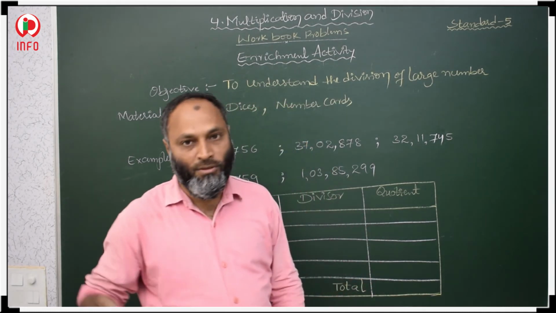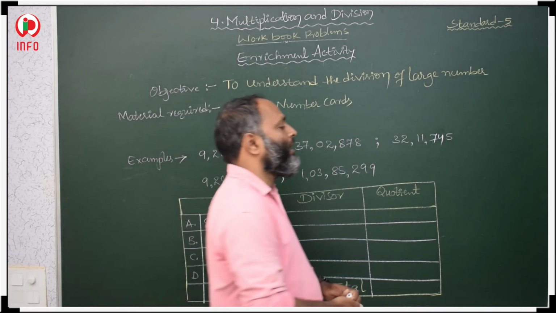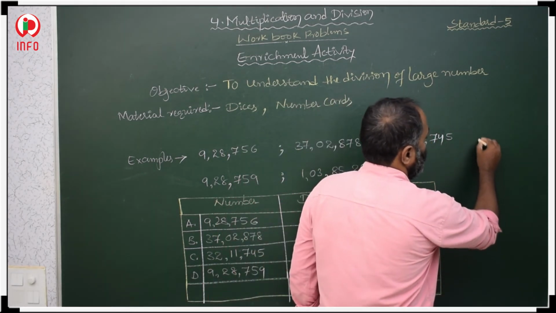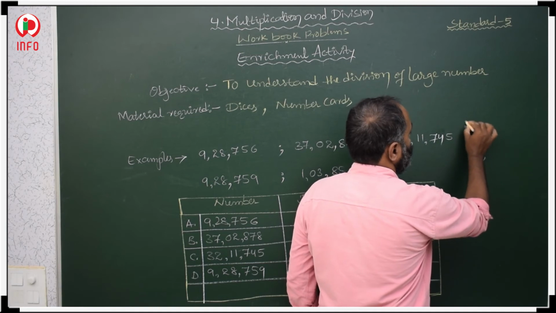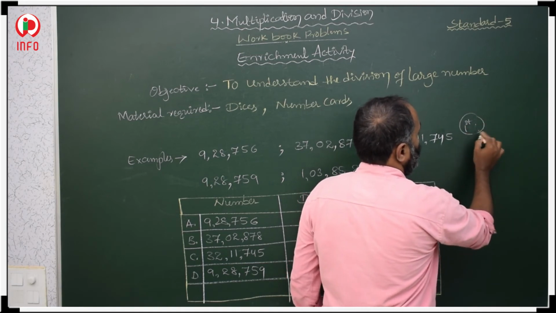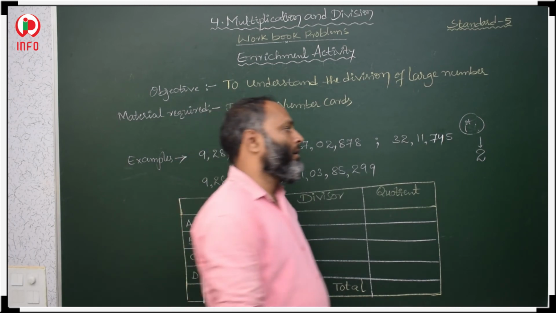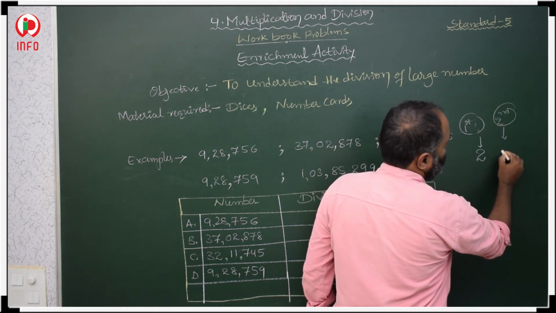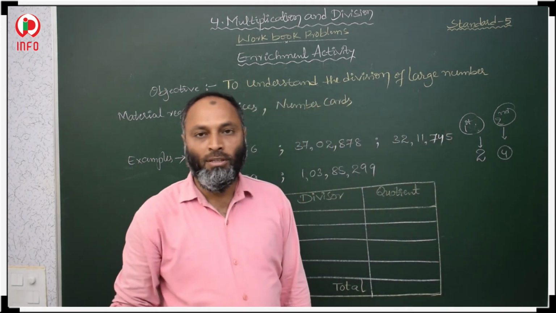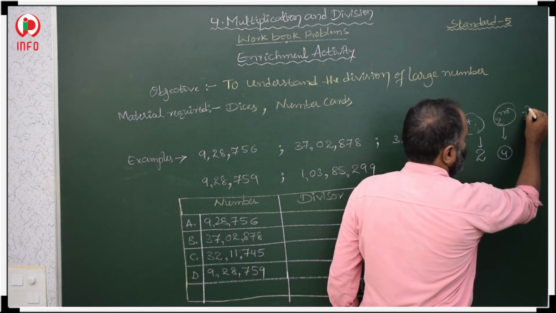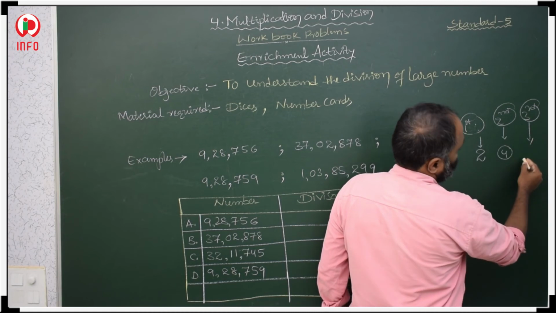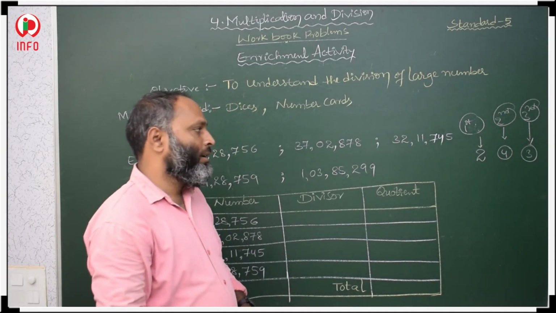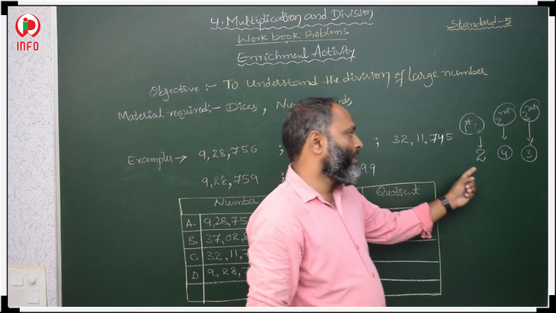If the first student rolls a die and gets 2 on top, and in the same way the second student gets 4 on top of his die, and the third student gets 3 on top of his die, then we have to form a greater number using these numbers.